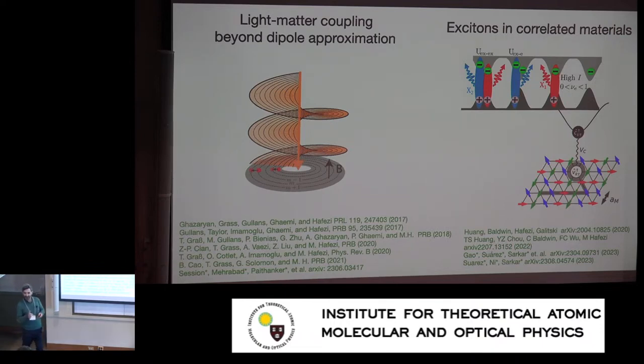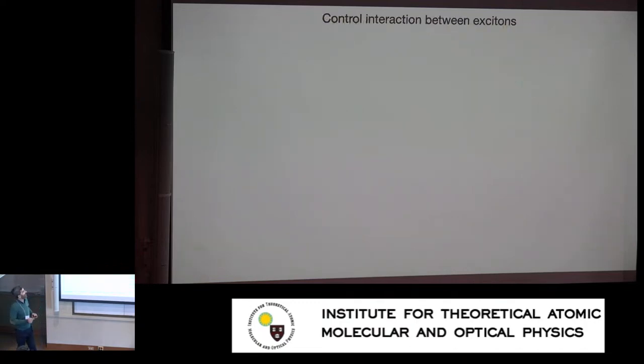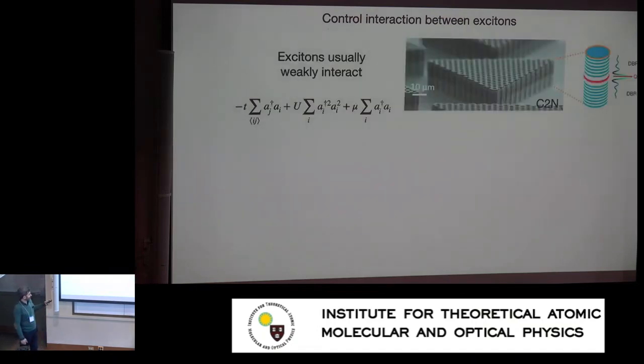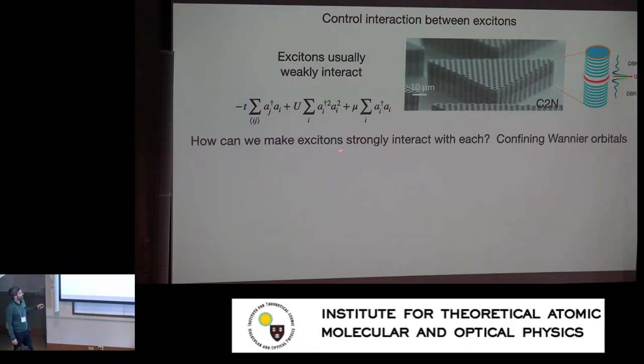So I will move to the second part. And the second part is about the excitons. Usually excitons weakly interact with each other. So this is gallium arsenide pillars from Jacqueline Bloch's group. And then you can write a Bose-Hubbard model for them. But the interaction is usually weak. Then the way to enhance this interaction is actually to confine them in Wannier orbitals.